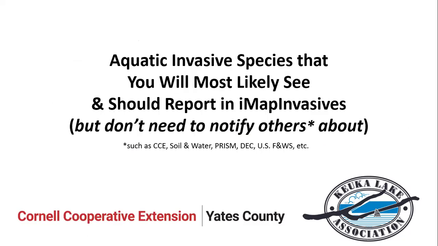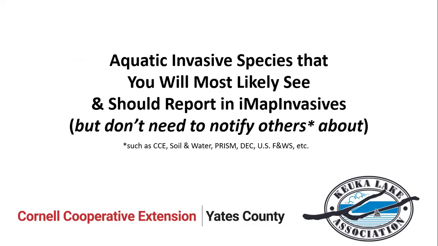So first, I'm going to cover some aquatic invasive species that you will most likely see if you're doing surveying in the Finger Lakes. And you should definitely report these in iMapInvasives, which we'll talk about later on. But some of these species, you don't necessarily need to notify others about them.